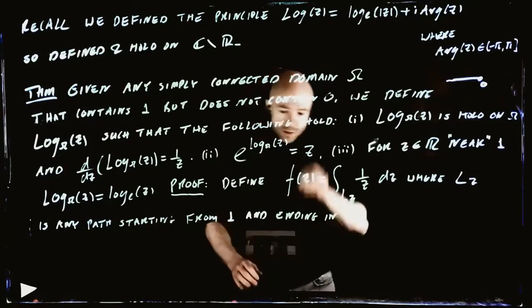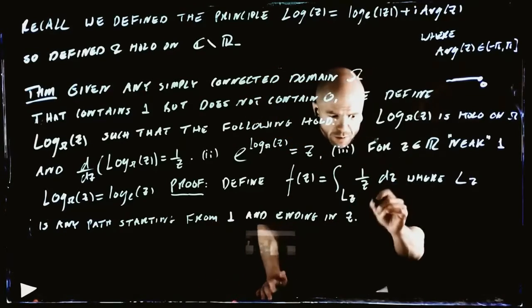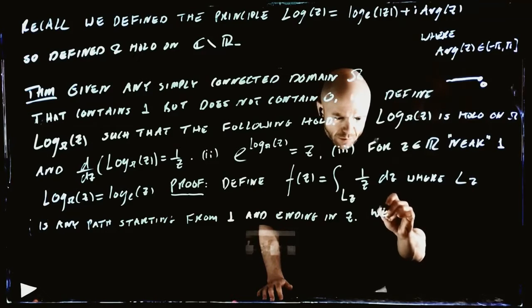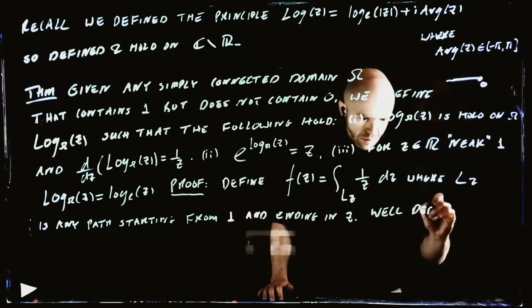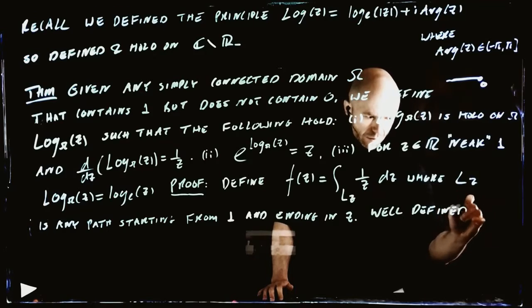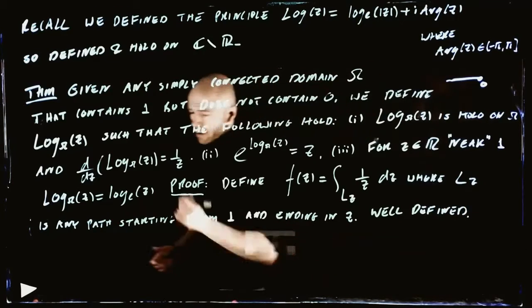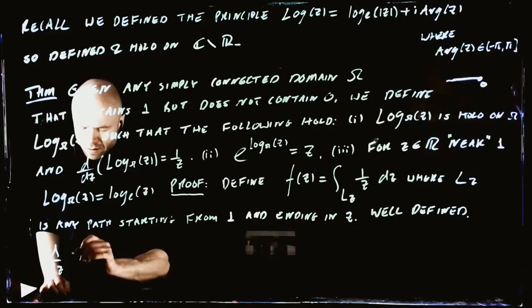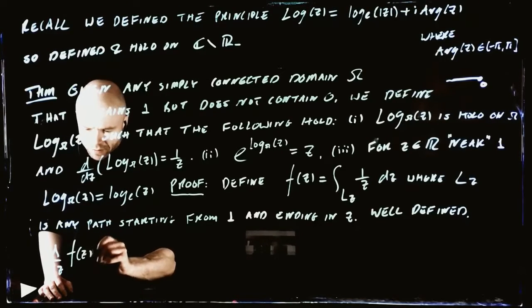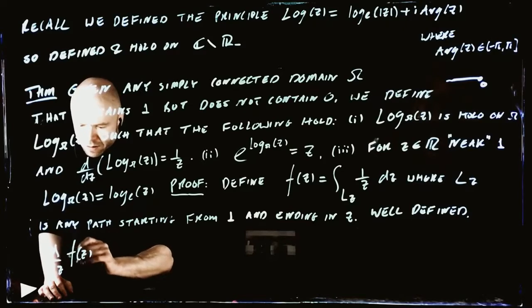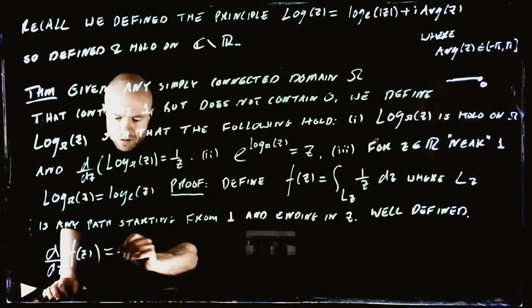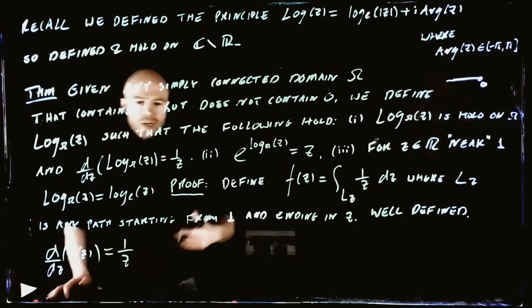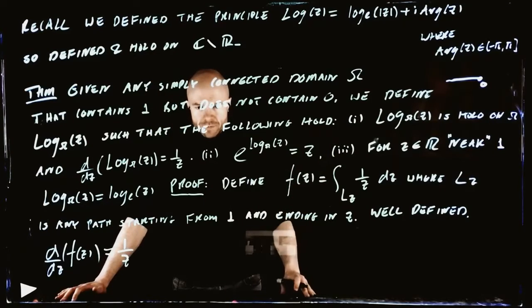So this is well defined. And the first property, that d by dz of f of z is equal to 1 over z, is exactly the same argument we did before. It's exactly the same argument.